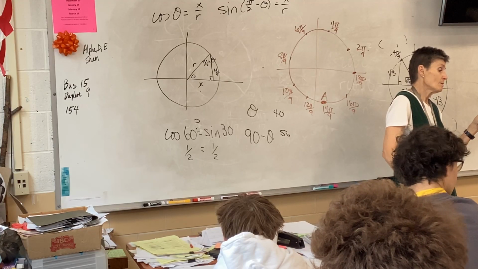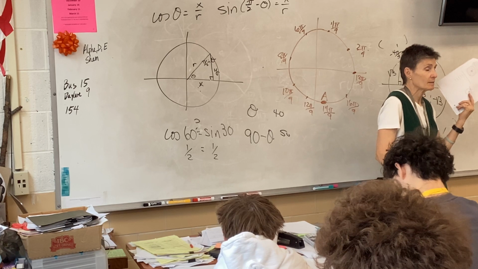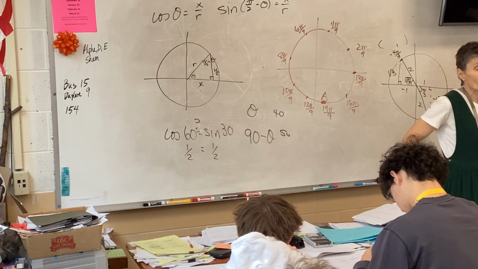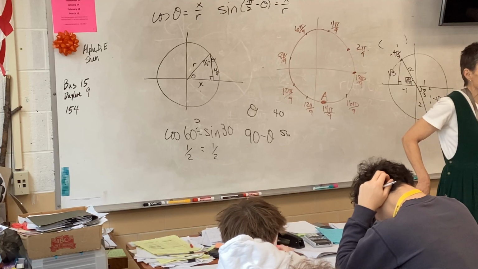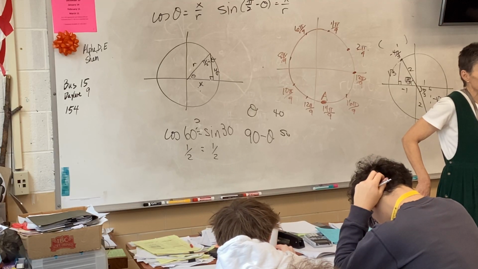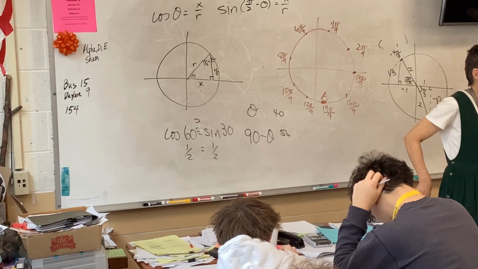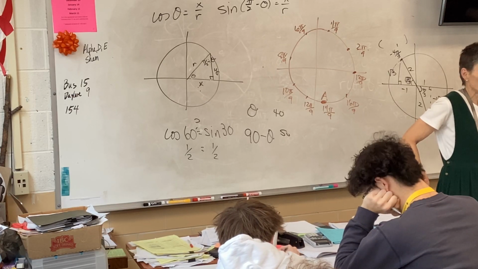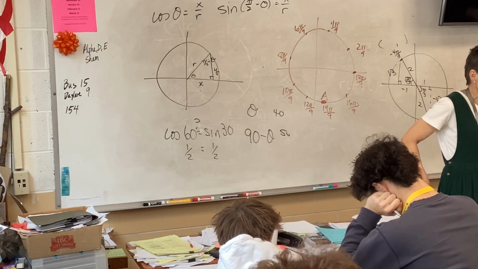Now where would the tangent of those two answers also be a negative number? 2. 5 pi over 6. Tangent will be negative in quadrant 2. It'll be positive in quadrant 3.